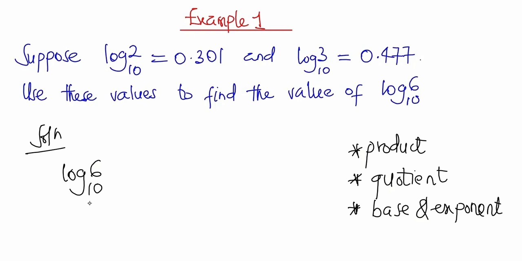So when we take log 6, we know log 6 can be expressed as a product of 2 numbers. That implies that log 6 is the same thing as log of 3 times 2 base 10, and we all know that 3 times 2 gives us 6. So that is log 6 being expressed as a product of 2 numbers.